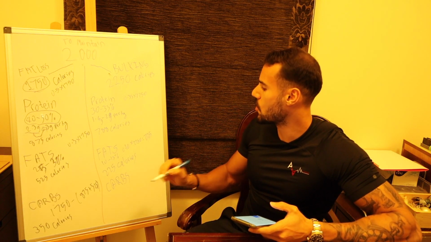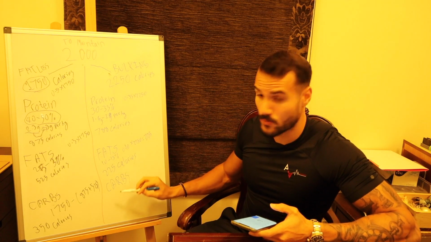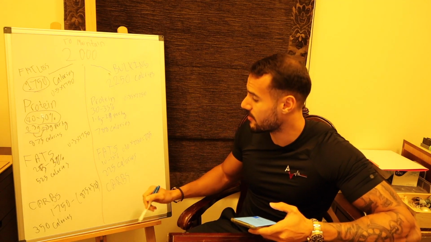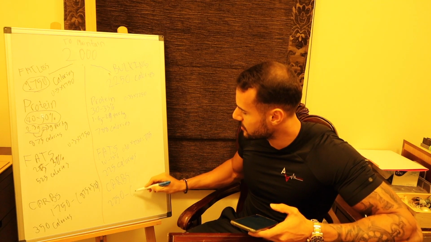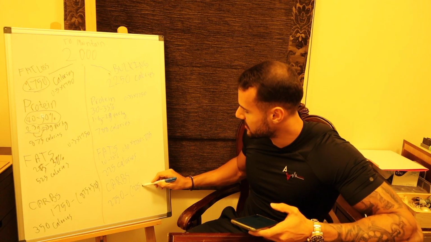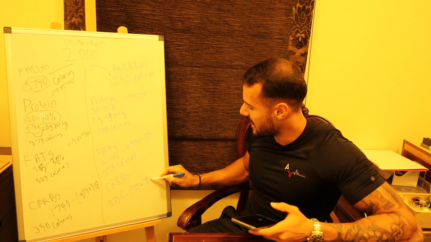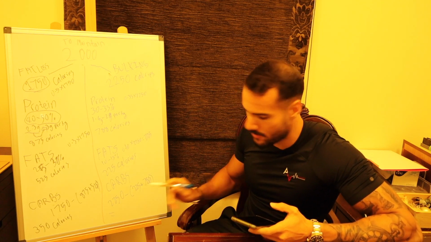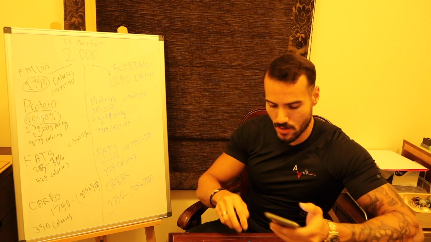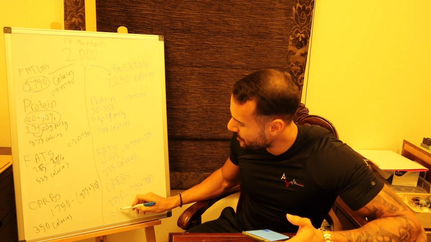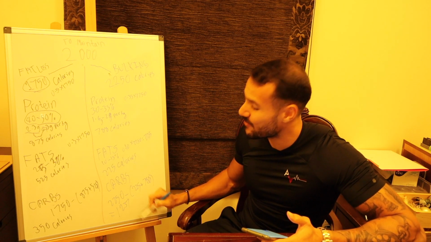Perfect. All right. So that's gonna leave us with carbs. Again, the same thing we did here, we're gonna fill in the gaps. So 2250 minus 225 minus 788, that's gonna leave us with 1,237 calories of carbs.